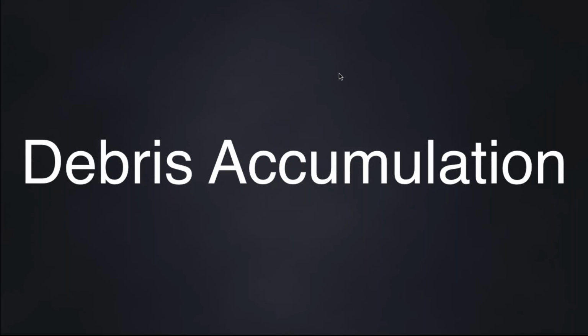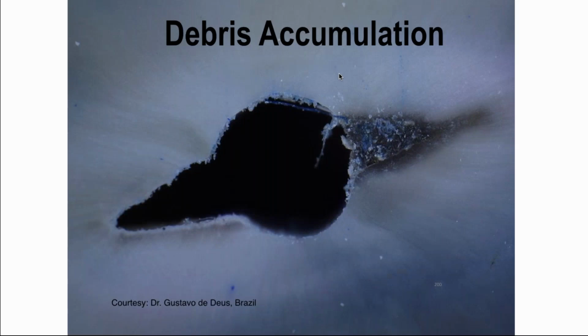One of the most underappreciated parts of instrumenting with a round file is dental debris accumulation. We appreciated this with stainless steel files because it was slow and we felt it, and because of that we created the step back technique. But the same thing happens with a rotary file, even if it's nickel titanium, and it happens at a larger speed.